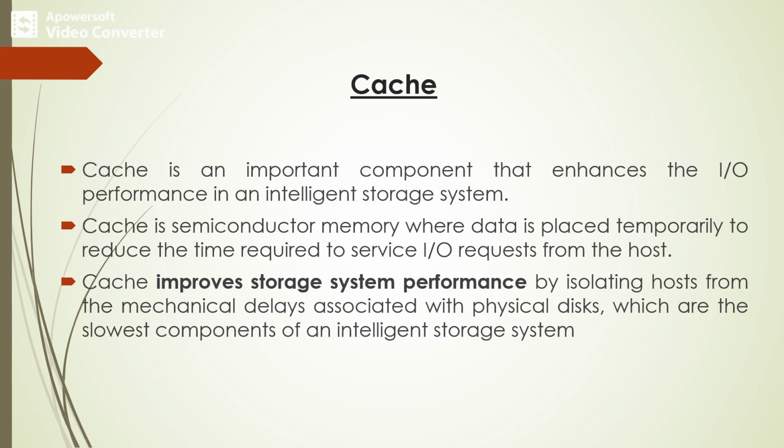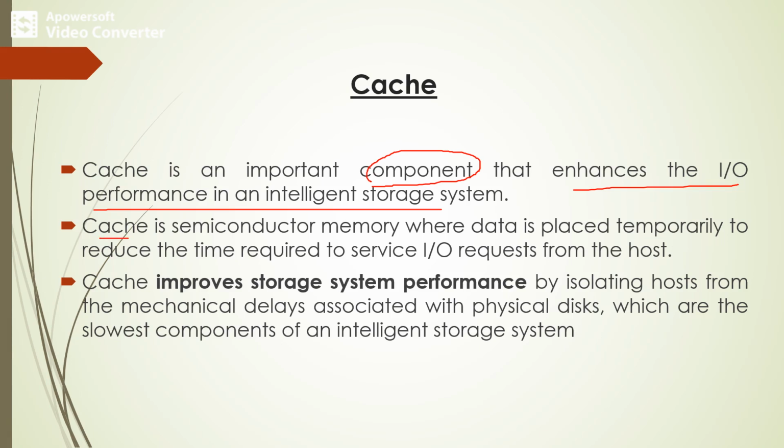Next we'll take cache. Cache is an important component that enhances the I/O performance in an intelligent storage system. Cache is located between the front end and the back end.